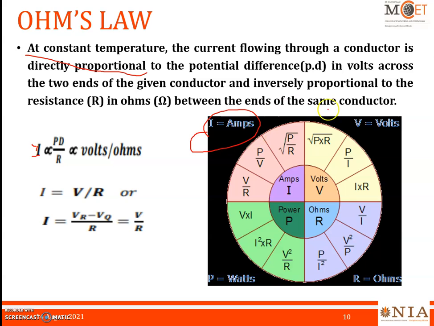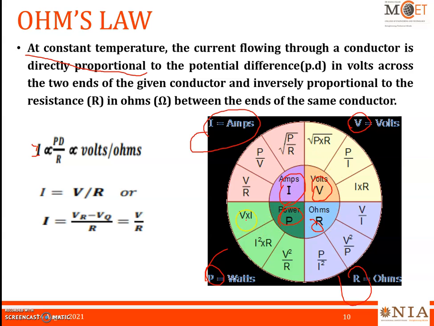This is a basic diagram which shows the relation between all four parameters: V, I, power and R. We know that power is V into I. Now I can replace the value of I as V by R, or replace I as P by V, or otherwise P is equal to I square into R. From that I can find out the value of I. So this is the basic diagram that represents the value of all the quantities.